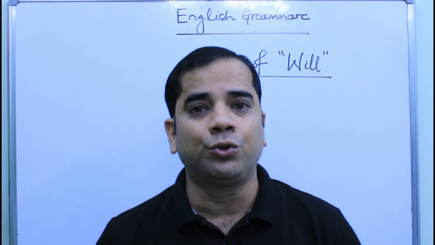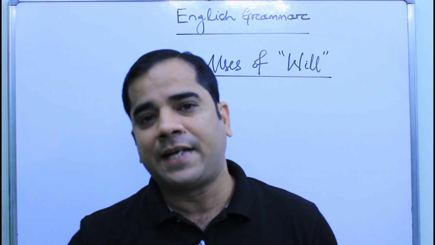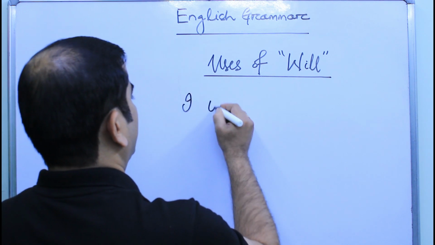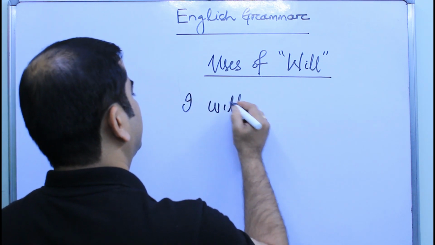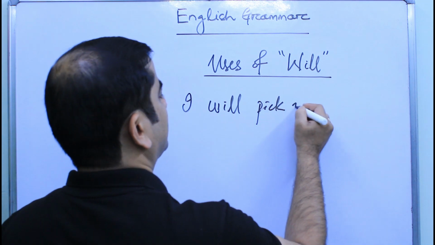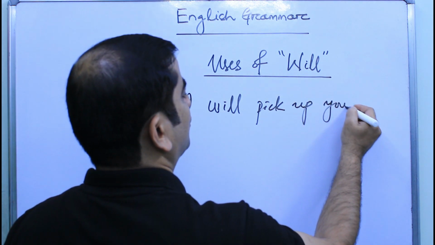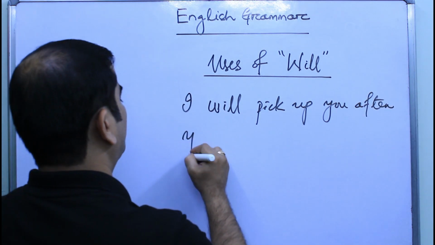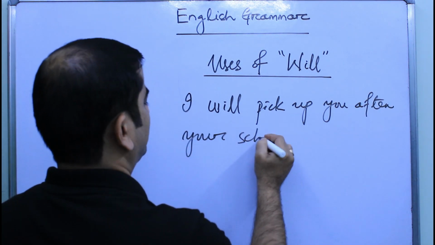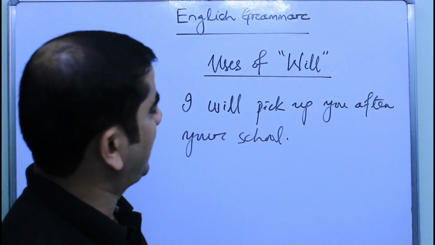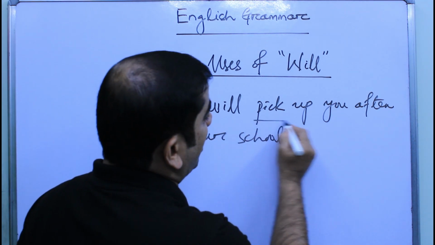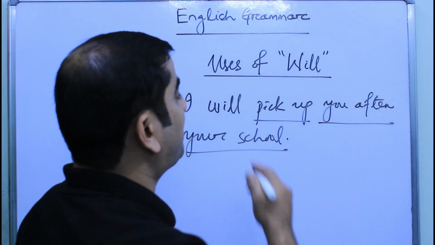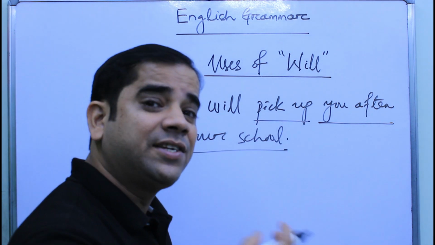Will is also used to express an intended or planned action. For example, I will pick you up after your school. Picking you up after your school is a planned or intended action.